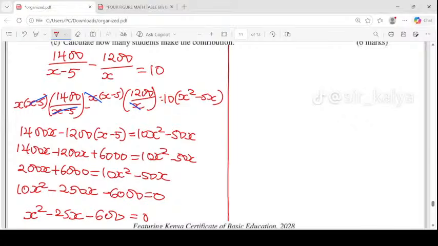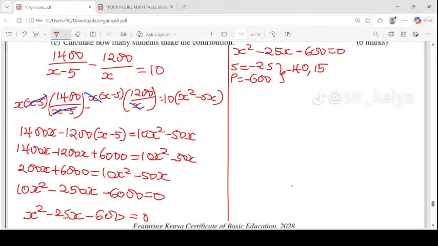So when I have x squared minus 25x minus 600 is equal to 0, the sum should be negative 25. The product should be negative 600. The two numbers that give you this are negative 40 and 15.